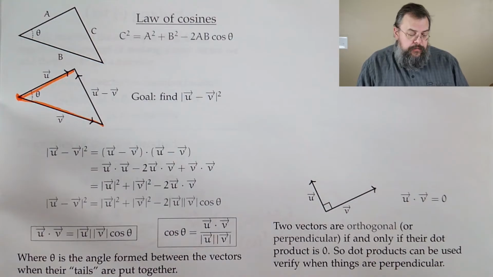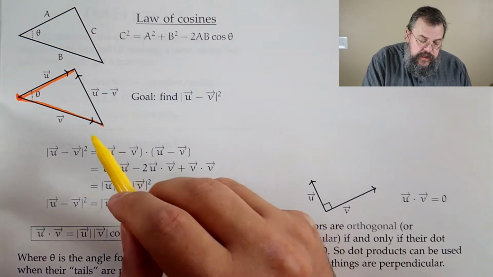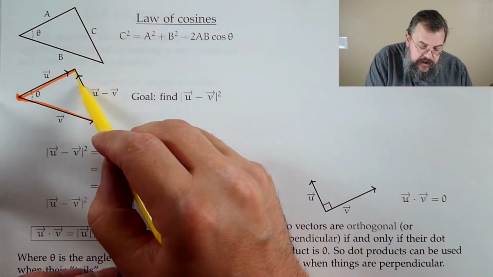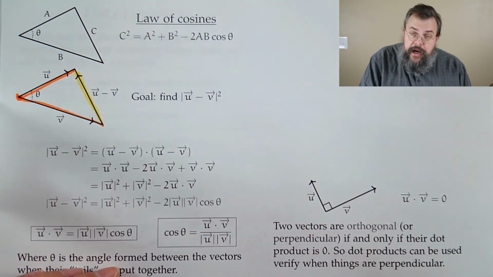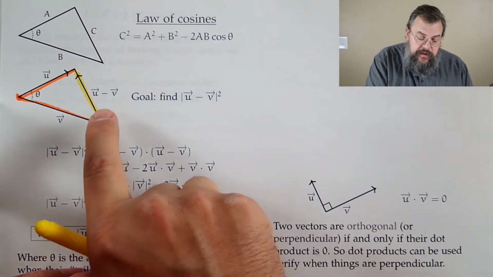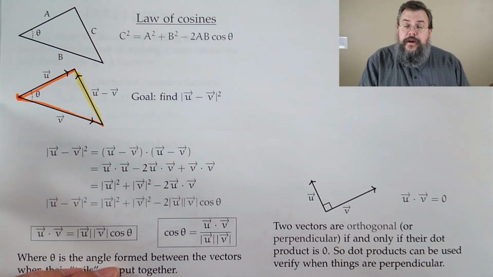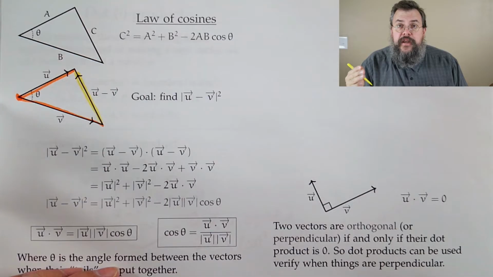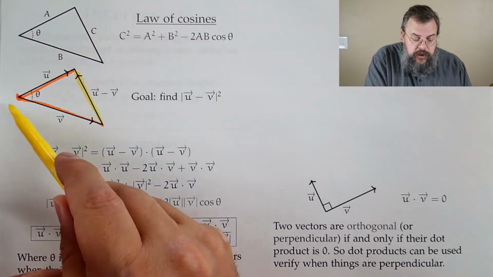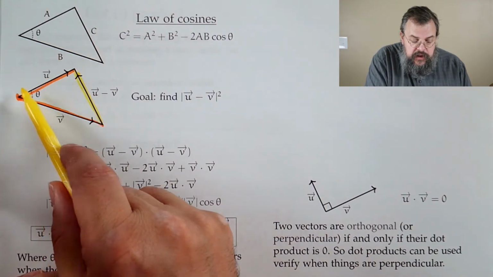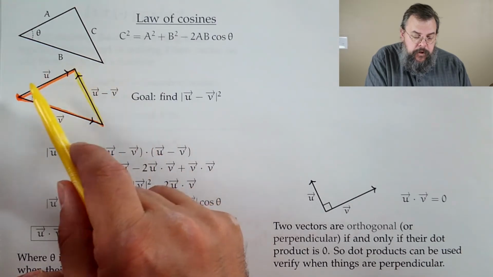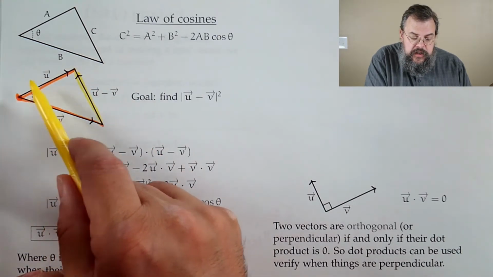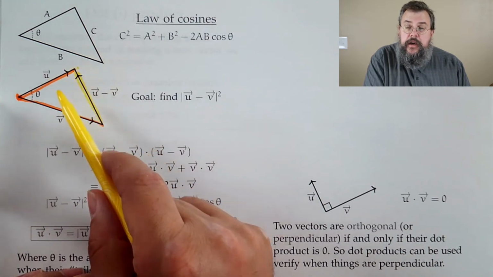The way we do that is we think about this last vector here. My claim is that it's u minus v. Let's reason why that would have to be the case. Let's think about starting at this point and ending there. One way to do it is to just go right along u.